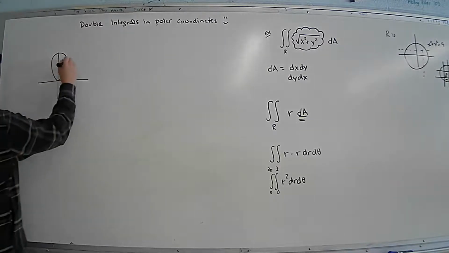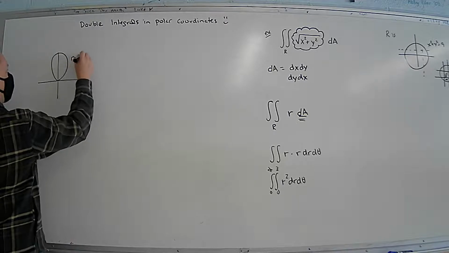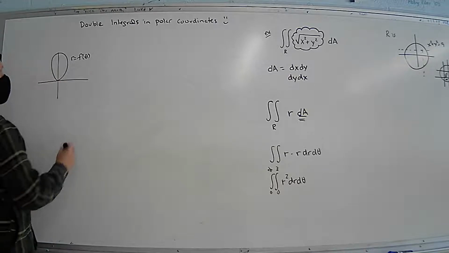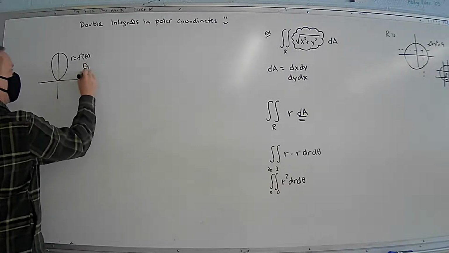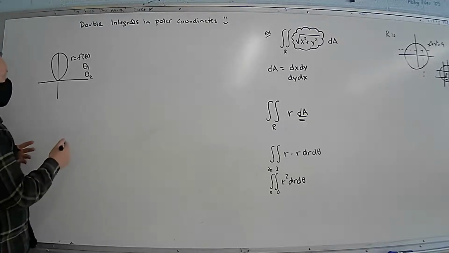This is some polar curve, r equals f of theta, and I want to figure out the area of that leaf, right? And maybe theta 1 and theta 2 are the two theta values that will start and stop that leaf. If we were to do that problem last year in Calc 2, it would have been this.